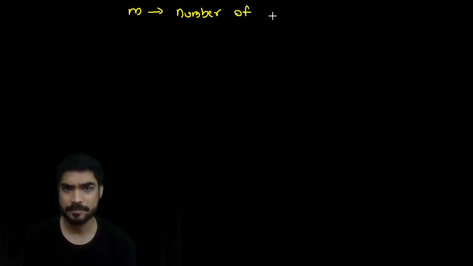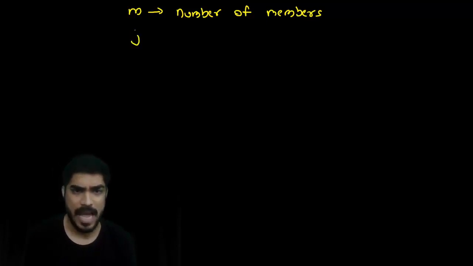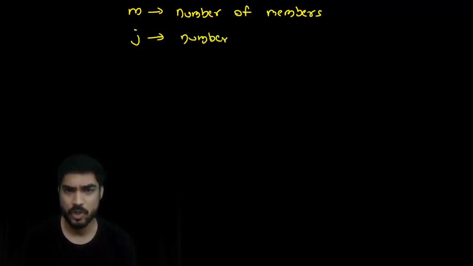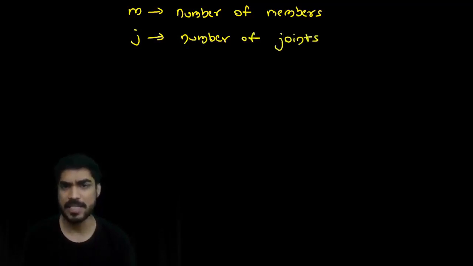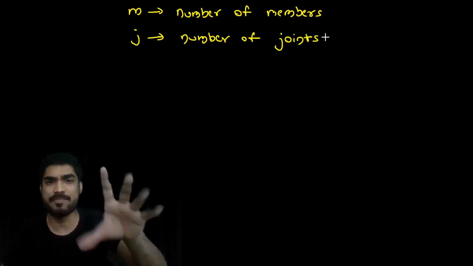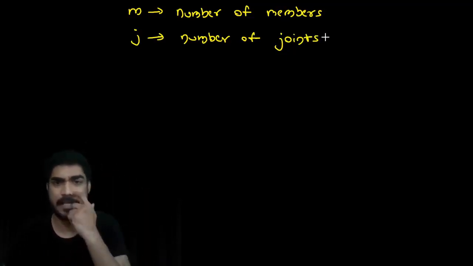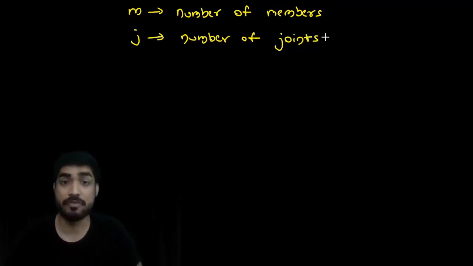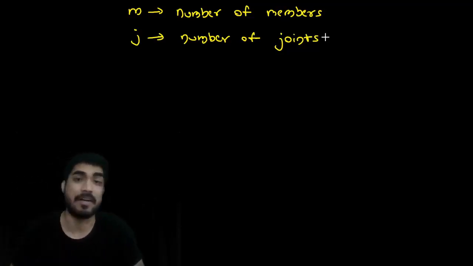So let's say we have m number of members and we have j number of joints. So we need a relation between M and J, a mathematical relation using which we can find out whether a truss is a perfect truss or not.